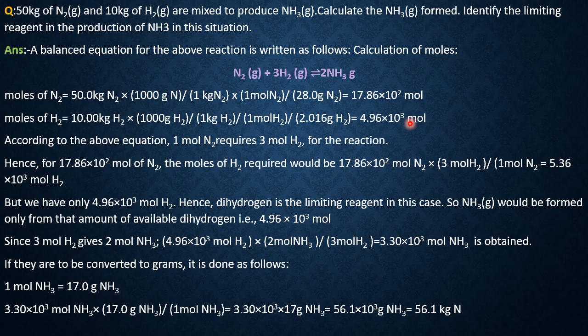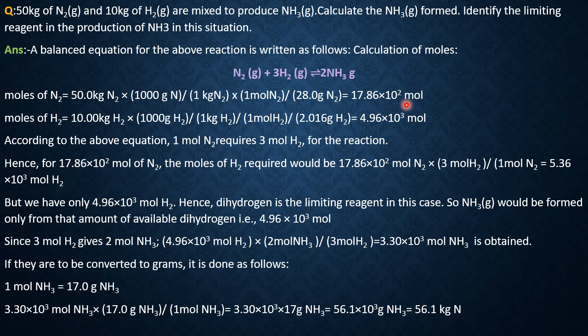Now, out of these two, which one is the limiting reagent? To check this, we have to see the balanced chemical equation. 1 mole of nitrogen requires 3 moles of hydrogen. Now how much are we using? 17.86 into 10 to the power 2 moles of nitrogen.